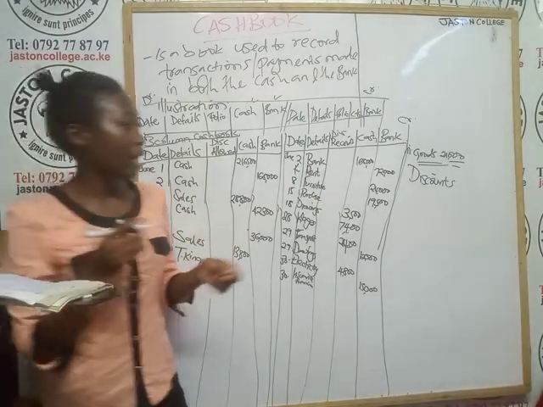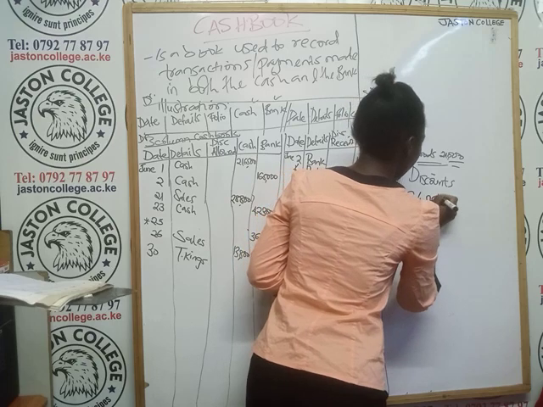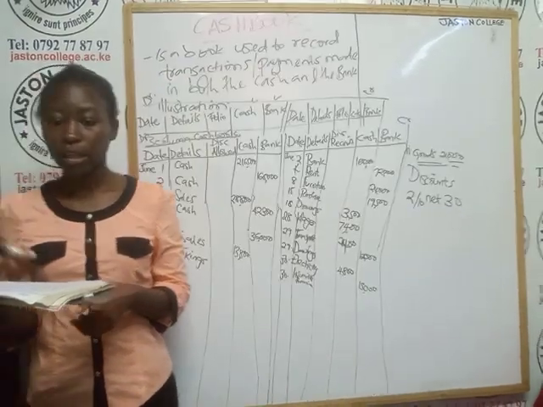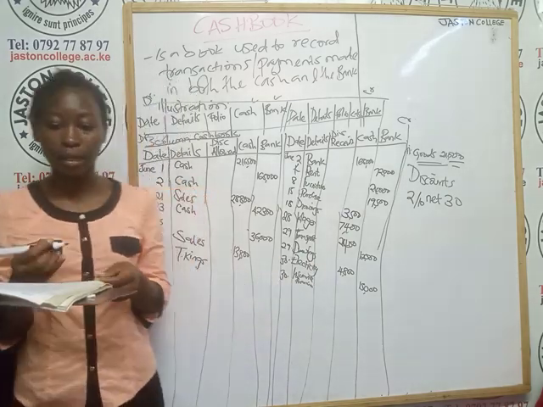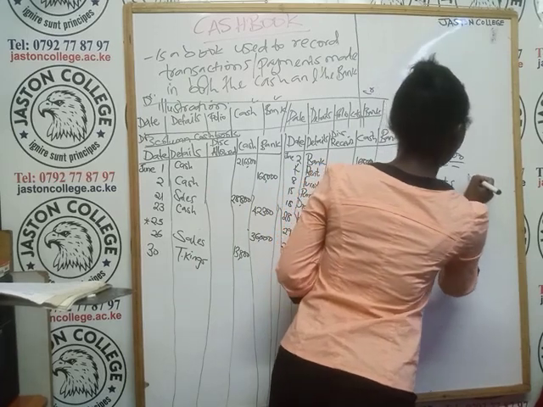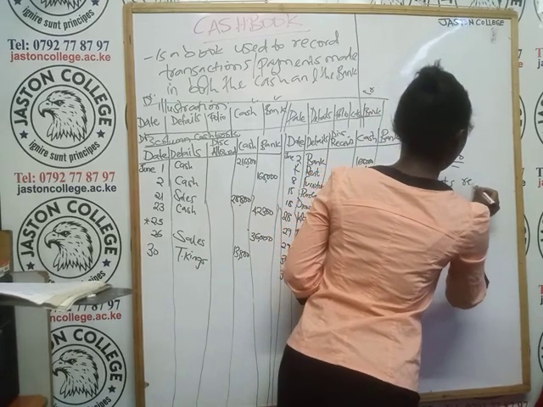2/10 net 30. That was our terms, and this was discount received.